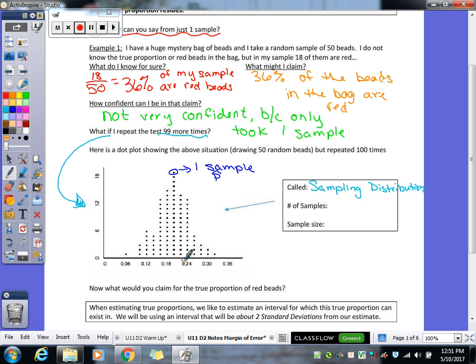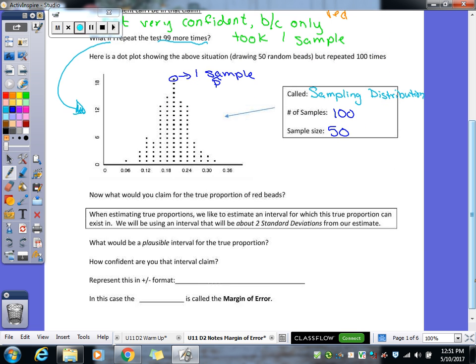Our number of samples, we took 100 of them. We took the 99 that I did plus the one that we talked about up above, so we have 100 samples. Our sample size is 50 though, because we pulled 50 beads each and every time we took a sample. Now looking at our sampling distribution, what would we claim is a true proportion of the red beads?